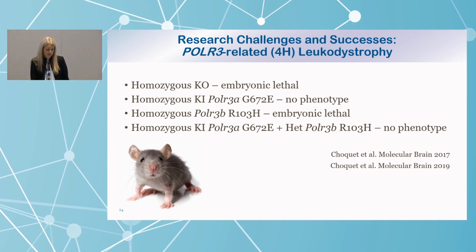The mouse has no phenotype. Another Polr3b mutation was tried, but the mutation causes too severe a complex assembly defect, so it's embryonic lethal. Then they also tried to combine a homozygous Polr3a mutation with one copy of the severe Polr3b mutation, and again, no phenotype.